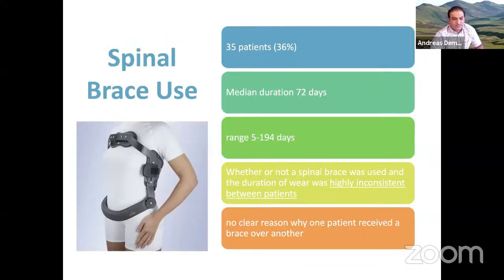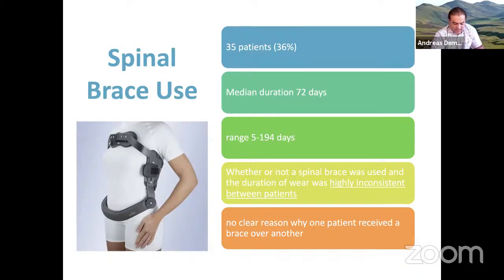Spinal brace. Only 35 patients had the brace. We are not sure how many were advised to have it, but 35 actually had it. The median duration was 72 days, with a range from almost negligible to 6 months.